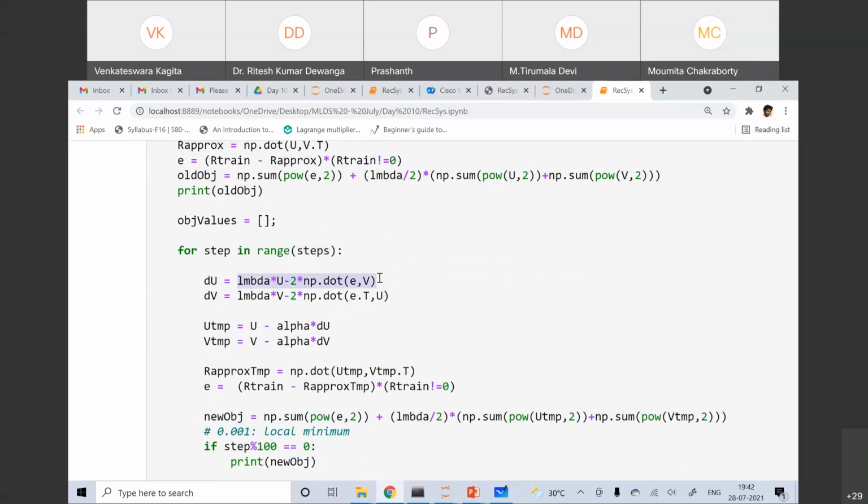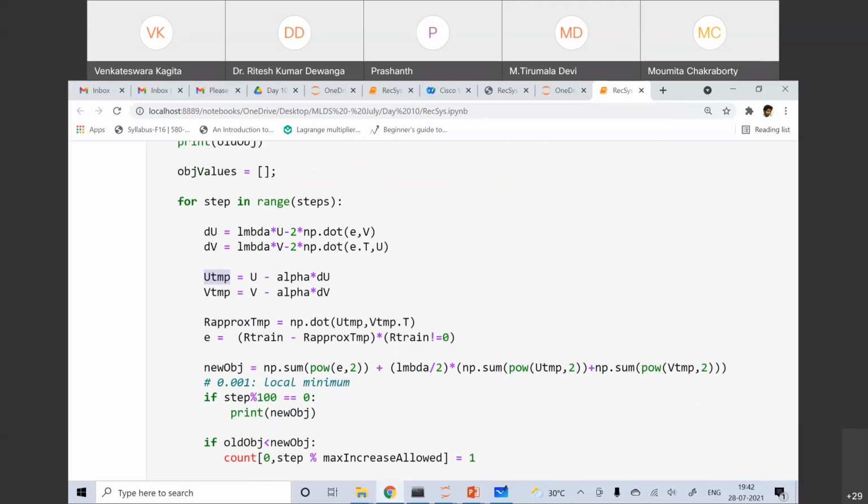This equation I have given in the slides, and we are implementing the same equation: the derivative of J with respect to U, and the derivative of J with respect to V. After getting that, what is the updation rule? U equals U minus alpha times the derivative with respect to U, and V equals V minus alpha times the derivative of J with respect to V. But you are not directly updating; you are storing them in some temporary value. The reason will be explained later.